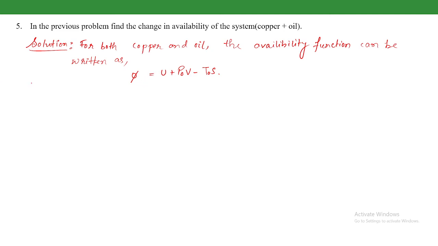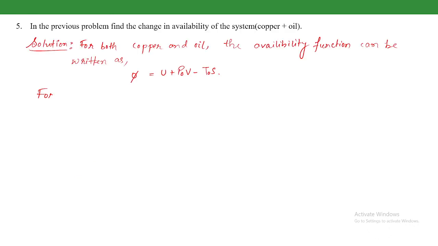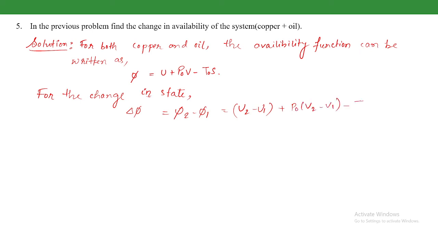Now for the change in state, delta phi can be written as phi 2 minus phi 1, or u2 minus u1 plus p naught times v2 minus v1 minus t naught times s2 minus s1.